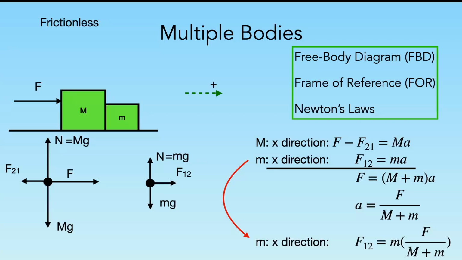So there is my final calculation of what that normal force is. Now we know everything. We know the normal forces between the floor and the boxes, and we know from Newton's third law, in the x direction, we've just figured out what that F12 is, but F21 is the exact same thing.